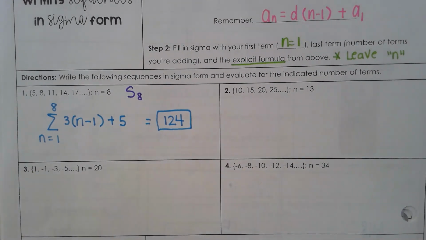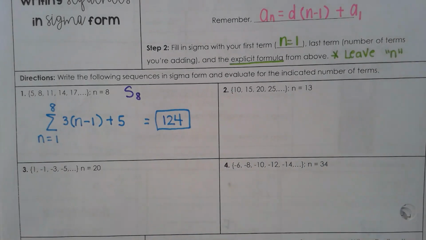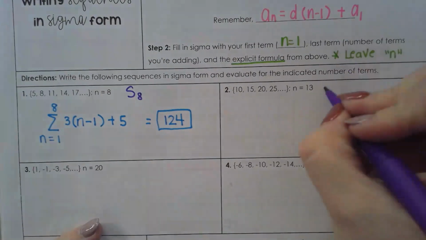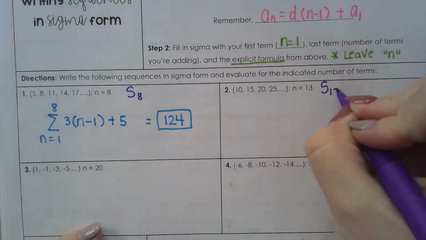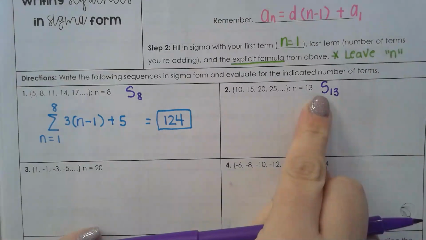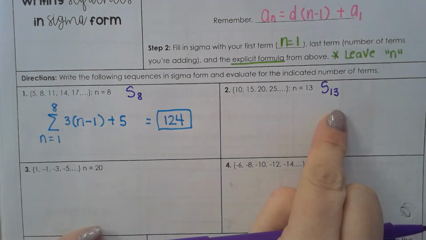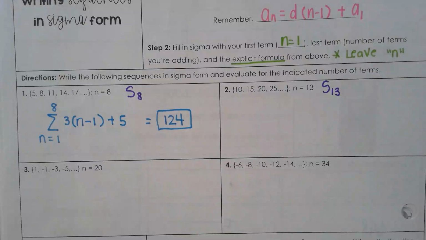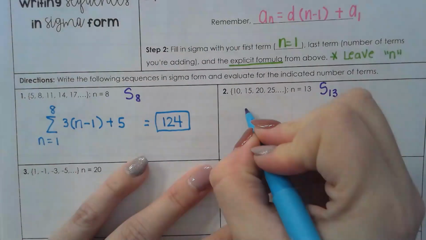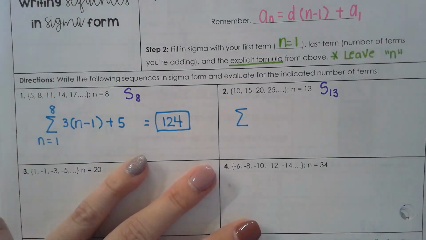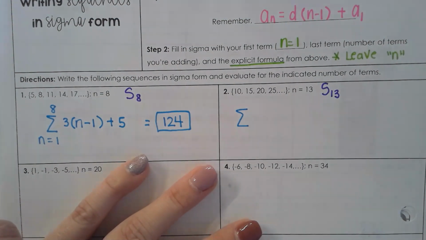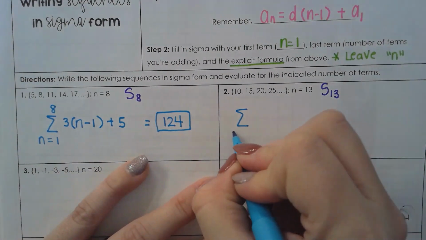So number 2, here's my sequence. I'm finding the sum of the first 13 terms. So I'm finding S13. Start with sigma. What goes on the bottom? n equals 1.